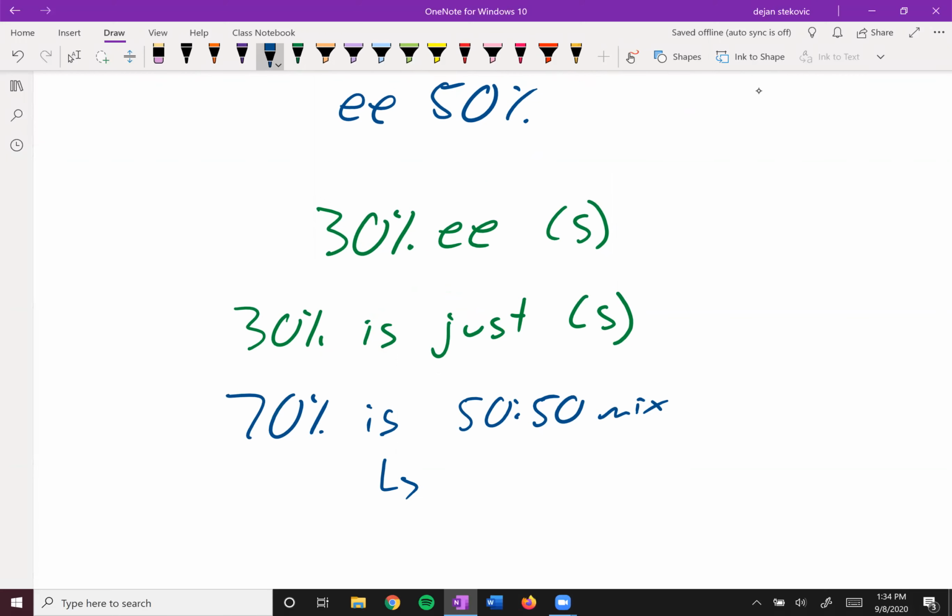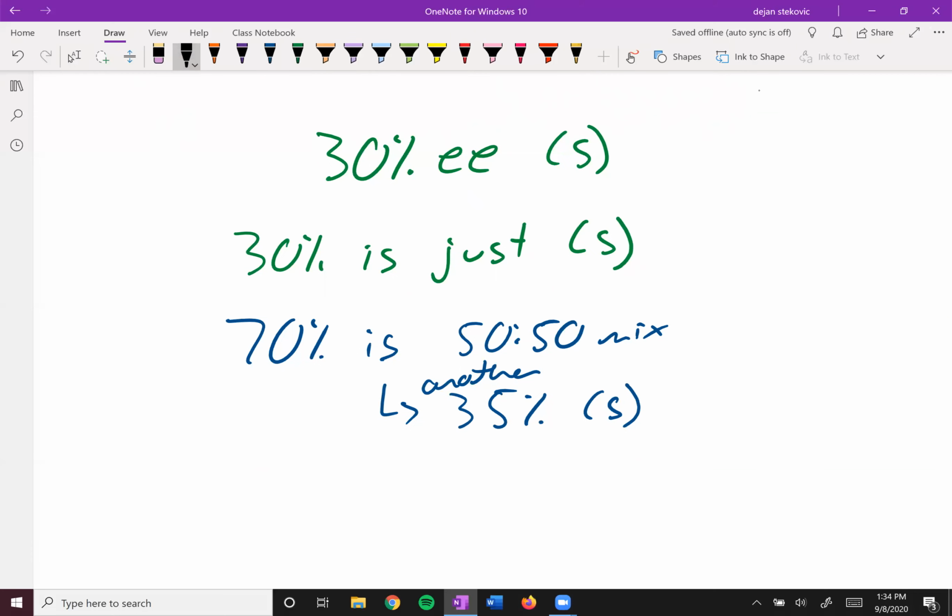And so if you divide 70 by 2, that means that there's another 35% S. And so if something is 30% EE in S, it has 35% R and 65% S, right? If we add up the 30 and 35%, we get to 65%.